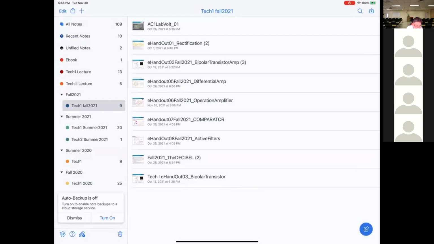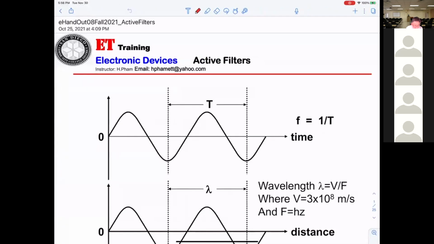Okay? Today, I go with what we call active filter. You understand the filter we already did last summer. That's what they call a passive filter.